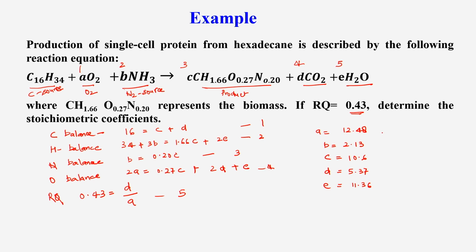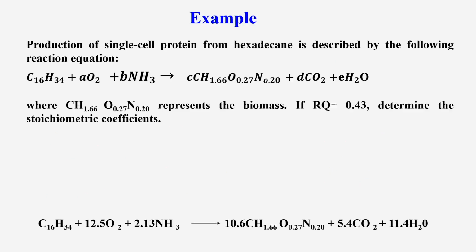So, after calculating this we can rewrite the final equation. 12.5 is the value of A, 2.13 is the value of B, 10.6 is the value of C, 5.4 is the value of D and 11.4 is the value of E. So, in this way we go for this material balance.